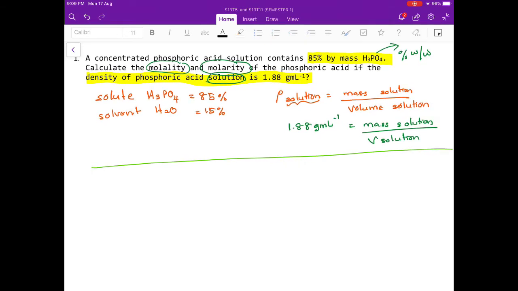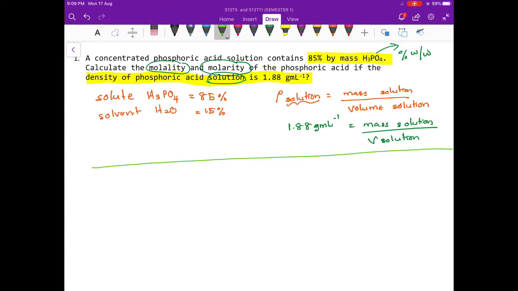So now we want to calculate the molality. First of all, you need to write the formula for molality, right? So molality is equal to mole solute over mass solvent in kg.